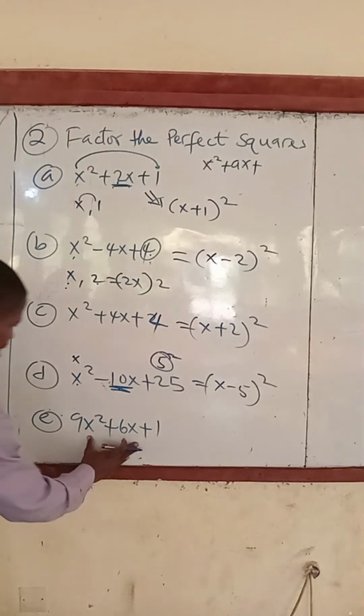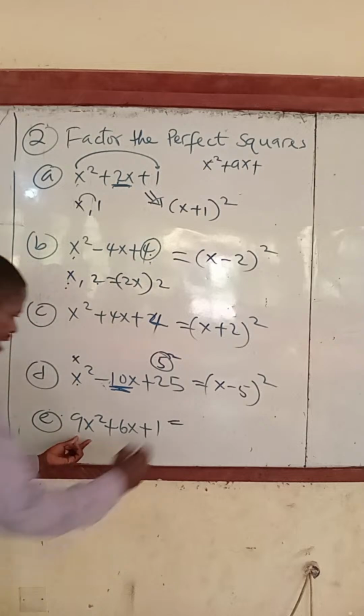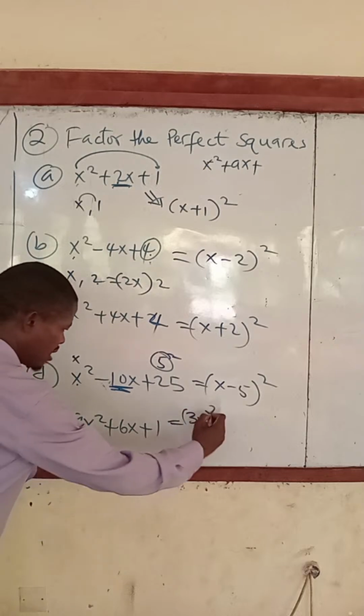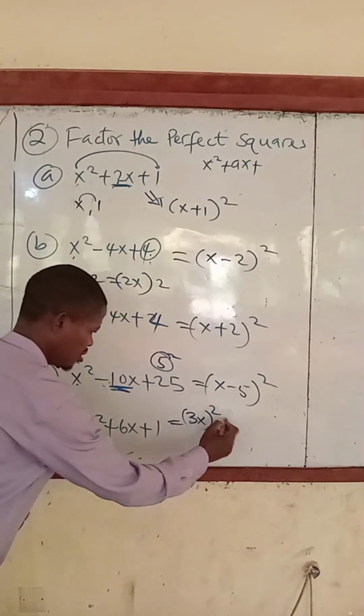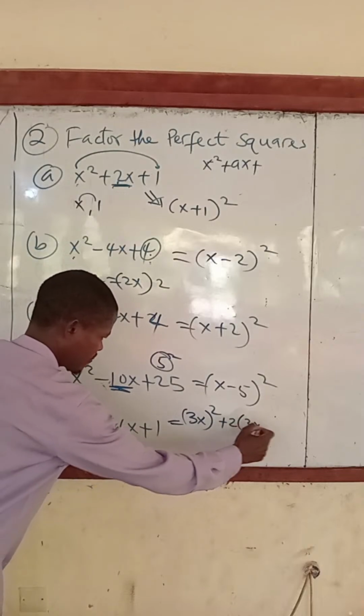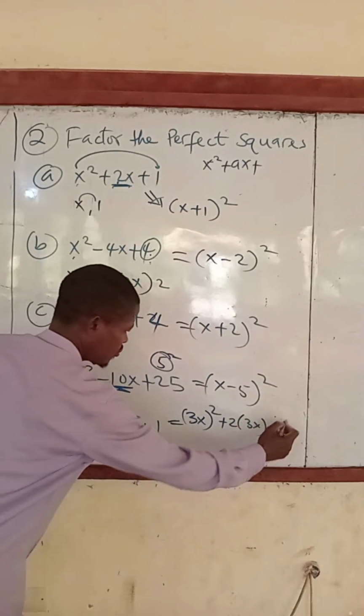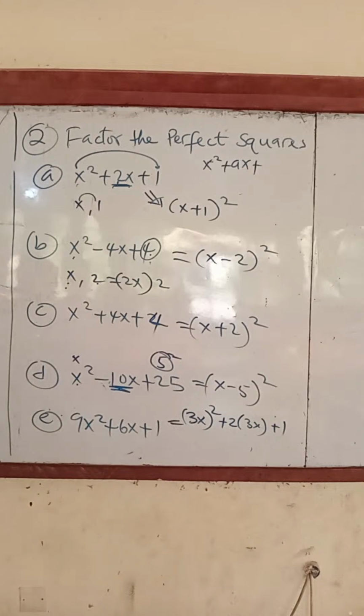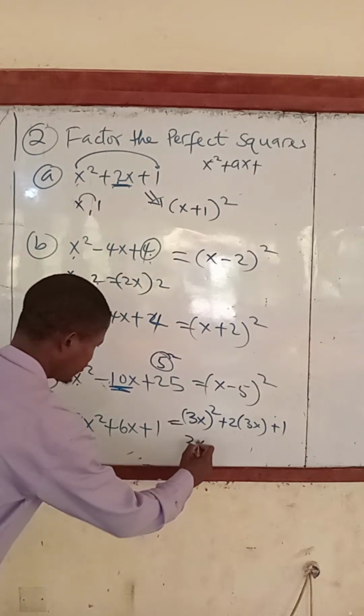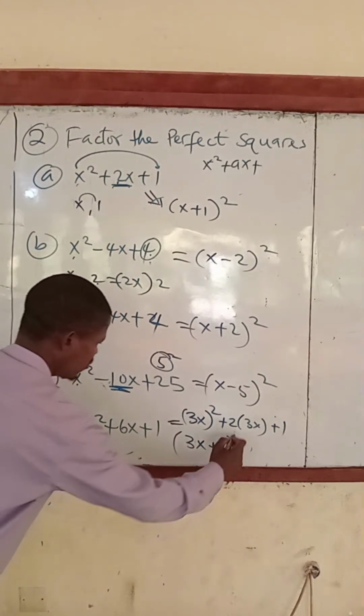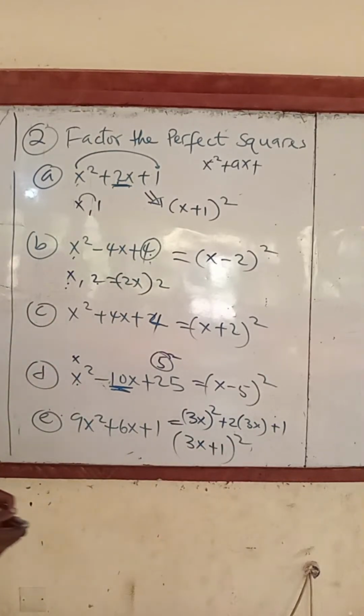And the last one here, this is equal to 3x squared plus 2 times 3x, and then plus 1. So in that case, this will give you 3x plus 1 squared. So that's that on the perfect square.